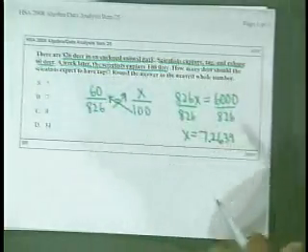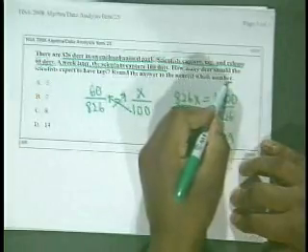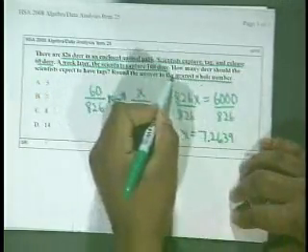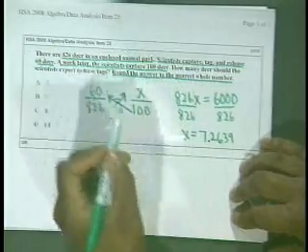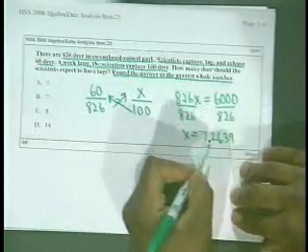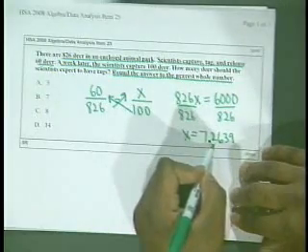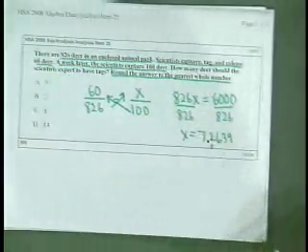Now, the question says round the answer to the nearest whole number. That's important. If we take a look at the tenths place, we have a 2. And we remember our rules for rounding. If it's 5 or higher, we round up. And if it's lower than 5, we stay the same.